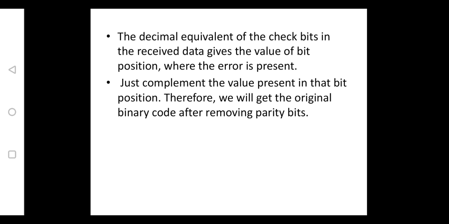Similarly, in order to find out C2, we need to check the bits of 2, 3, 6, 7. So 2 is 1, 3 is 1, 6 is 1, 7 is 1. So the total number of ones is 4. Parity is also even as both are matching. C2 is also 0. Next C3: 4, 5, 6, 7.